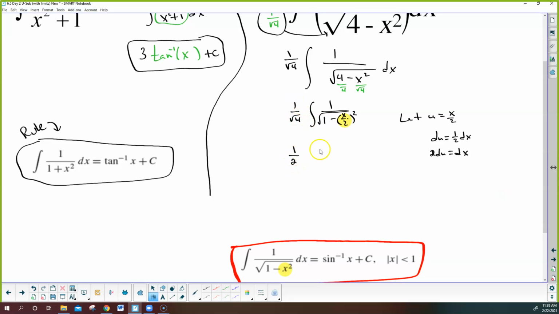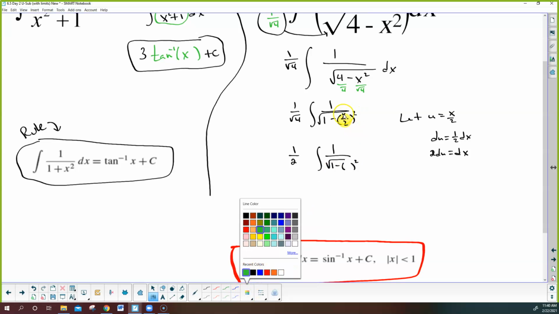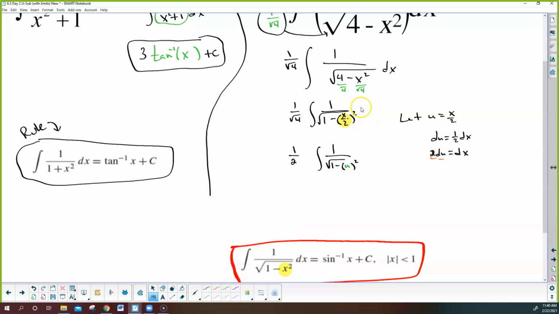Square root of 4 is 2. And then we call the x over 2 is u. And then the 2 du is going to replace the dx that I actually forgot to drop down.